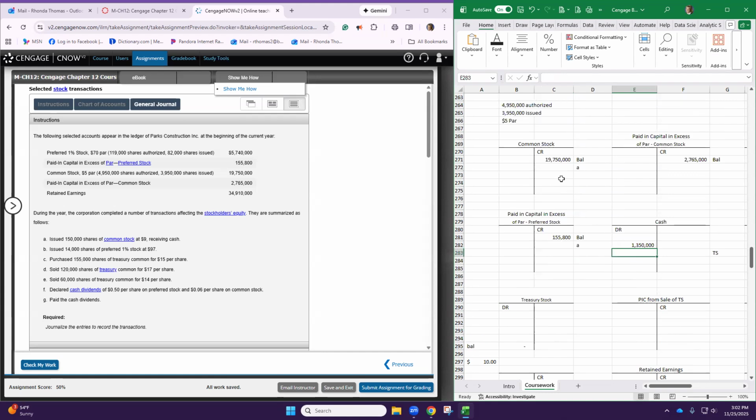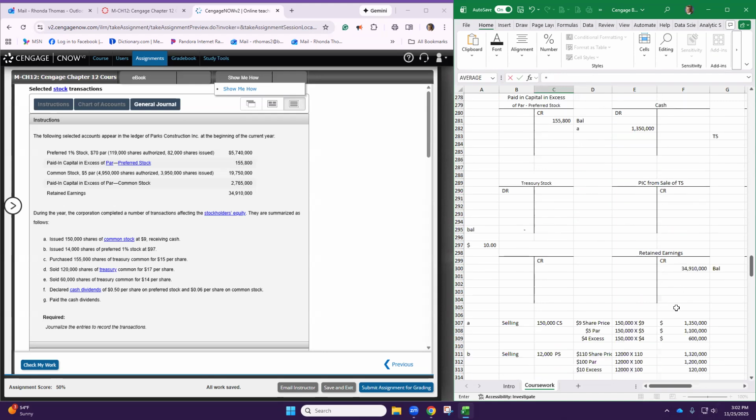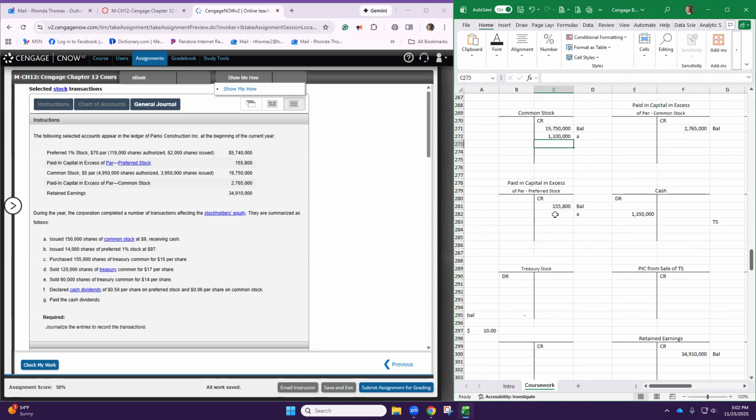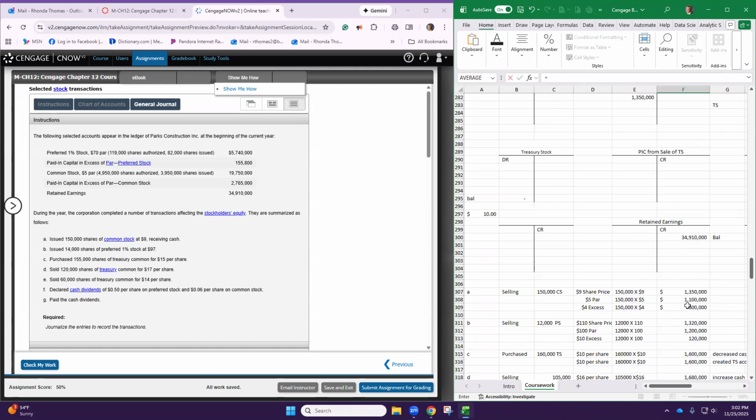And this is going to equal the amount we calculated here, 1,100,000, because that's the 150,000 times 5. And then the excess goes right here. Oh, no, it doesn't. It goes up here, it is common. So we want this to equal what we just calculated here.